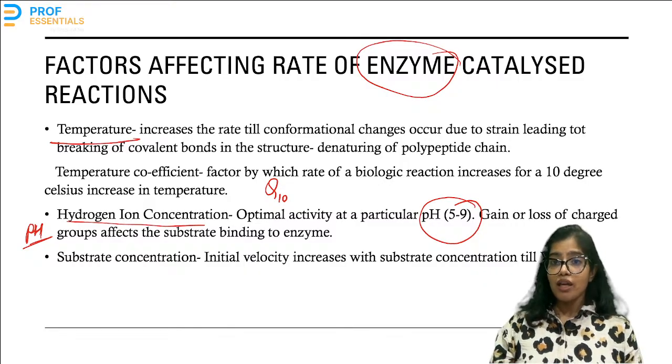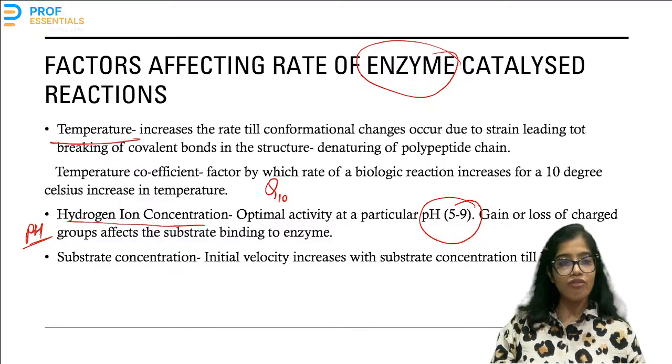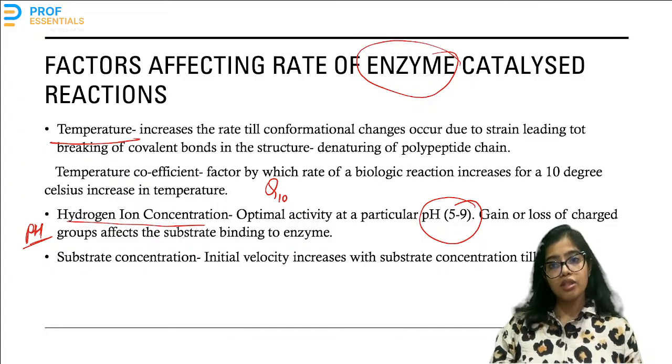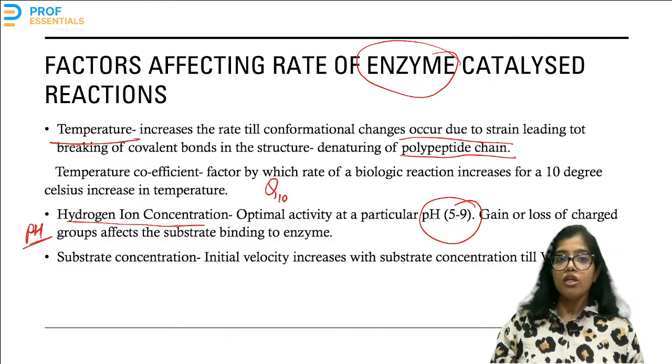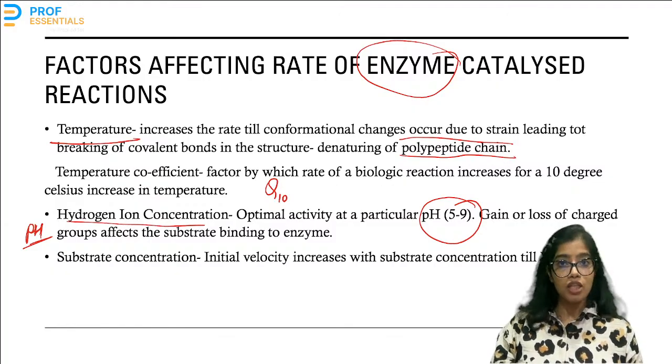So, if there is a change in the pH, the enzymes may or may not function properly. You know enzymes function by acid-base catalysis, right? So the amino group or the COOH group in the polypeptide chain can themselves get changed during a drastic change in the pH of the environment.